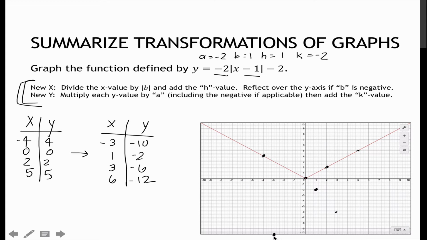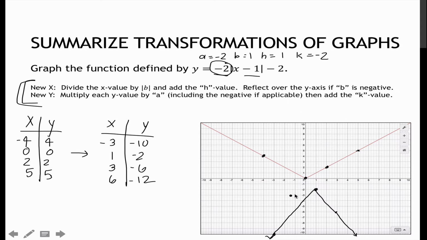So now, if I'm looking at these points, I could connect the dots. I know that's my turning point because that's the one that corresponds to (0, 0). So let's compare what our graph looks like compared to what we thought it should look like. Now we knew at the beginning that a was negative 2, and because the absolute value of a is greater than 1, we know it should vertically stretch the graph.